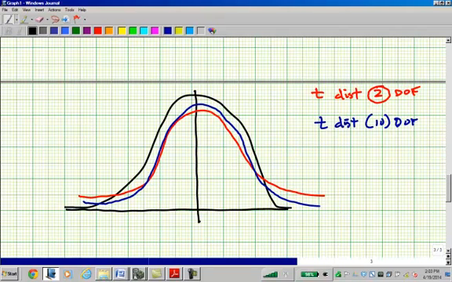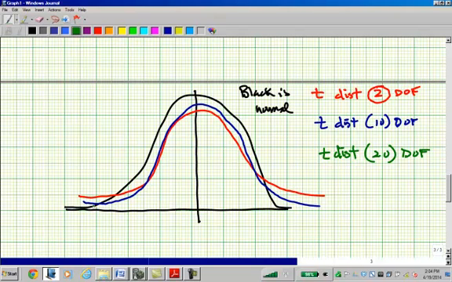Here, let me, black is normal. Okay, and then let's go with, I don't know, what other colors do I got? Let's green. I got green. So let's do a t-distribution of 20 degrees of freedom.